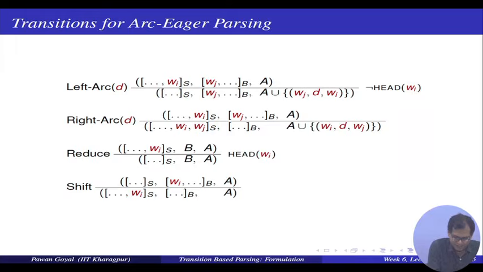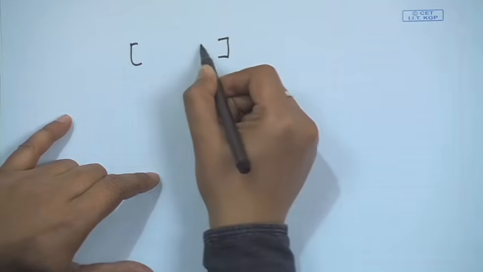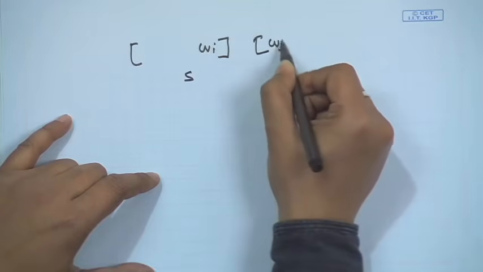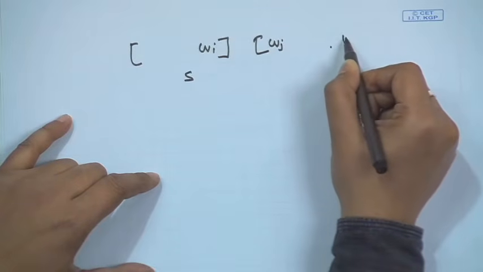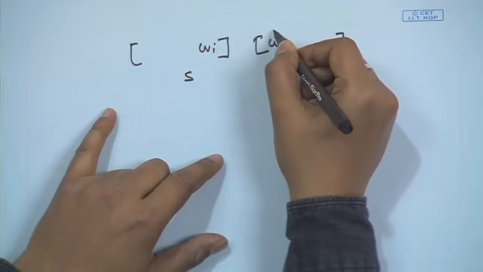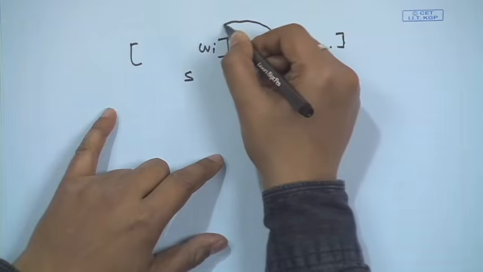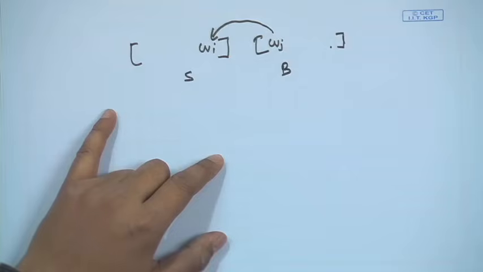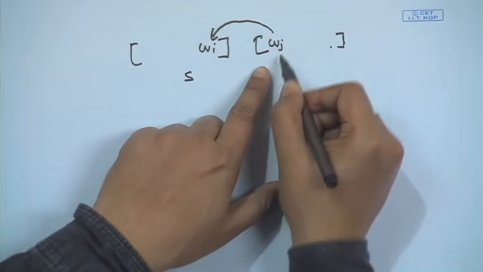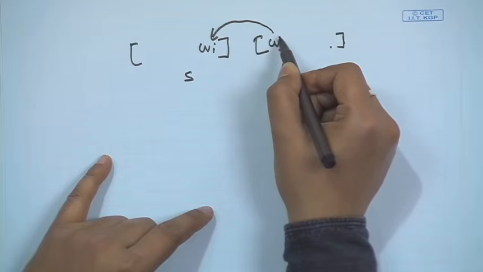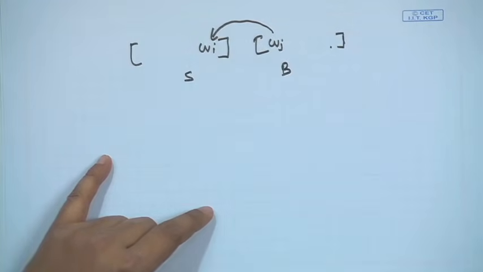My stack contains some words and the top is Wi, the buffer contains some words starting from Wj, and I am making a left arc. Left arc, as the name says, will be from buffer to stack, and we are always operating on the top words in buffer and stack. So, I am making an arc from the top word in the buffer to the top word in the stack. This is a left arc.